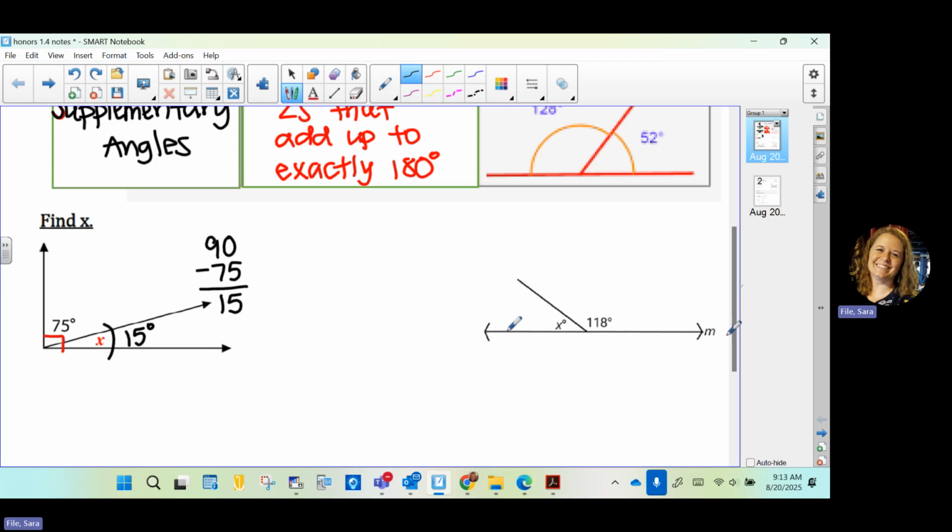So a line is a straight angle. It's 180 degrees. There's no points on there. So line M is a straight angle. So we can just do the same thing and subtract. We know that the line should be 180 and we've used 118. So what's left? 62.